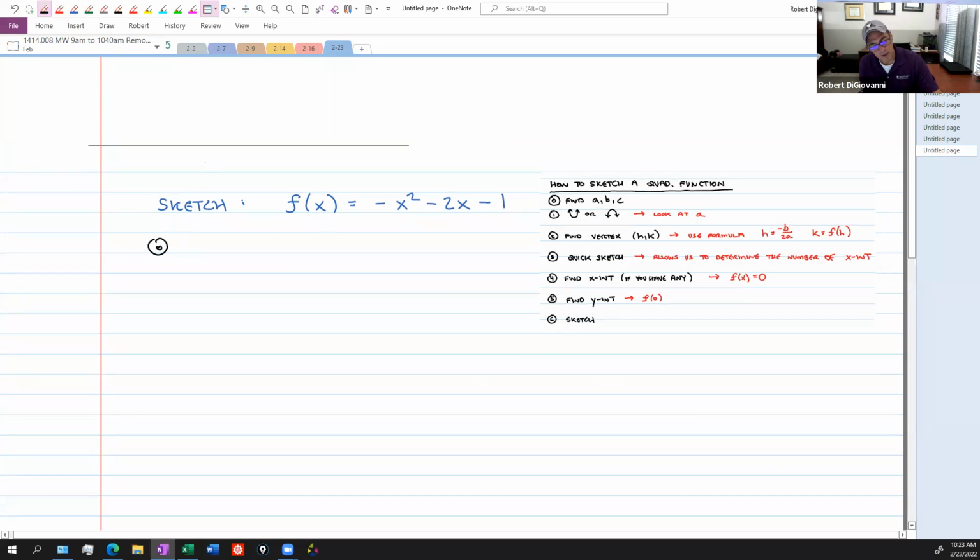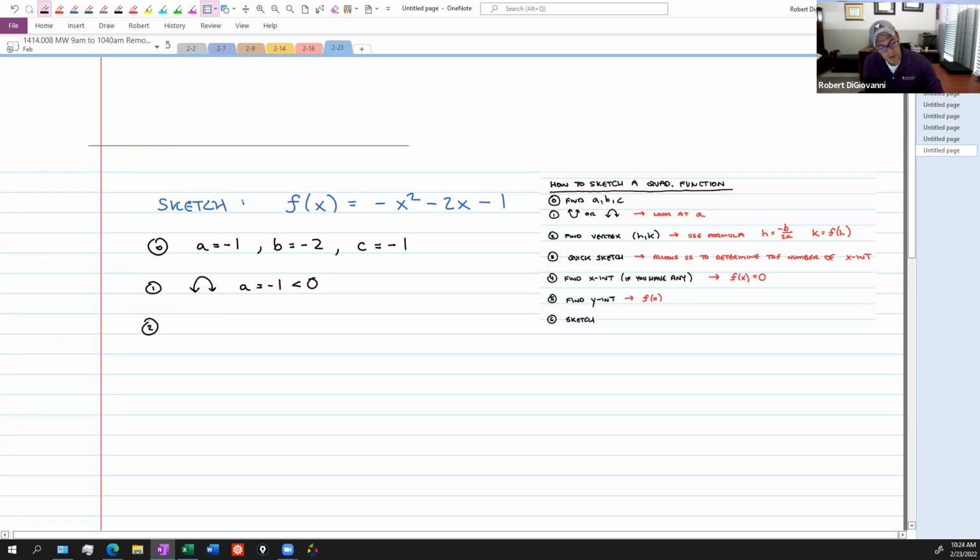A is -1, B is -2, and C is -1. Just list out the A, B, C first. Then I know it opens down. It opens down because A is -1, right, which is a negative number.